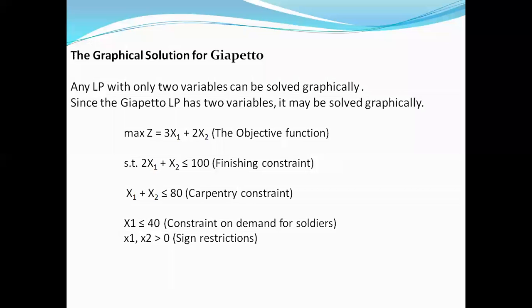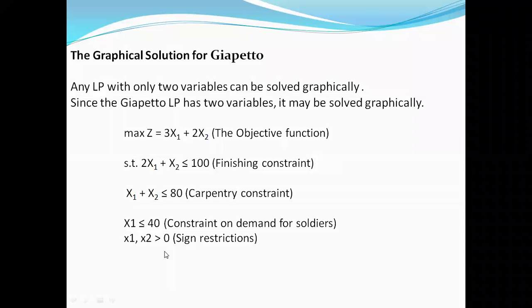So the sign restrictions, that is x1 and x2, the manufacturing of both soldiers and trains, are greater than zero, because it clearly specifies that there is no limitation for manufacturing train toys, that is, it may be more than 40 or greater than 0, and soldiers are limited to 40, that is x1 less than or equal to 40, right?